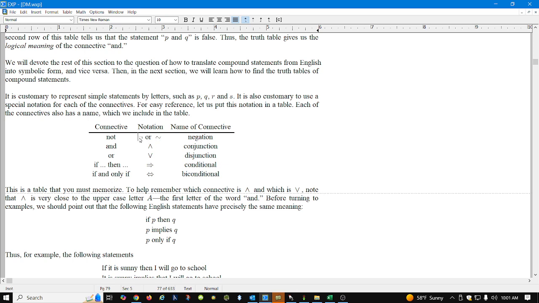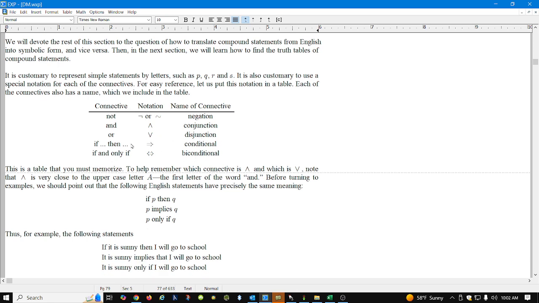This one's the approximately equal to symbol. And that is called negation. And is written with an upside down V, although it's not literally a V. It's just 2 straight lines at diagonals. And that's called conjunction, or is written this way, called disjunction.